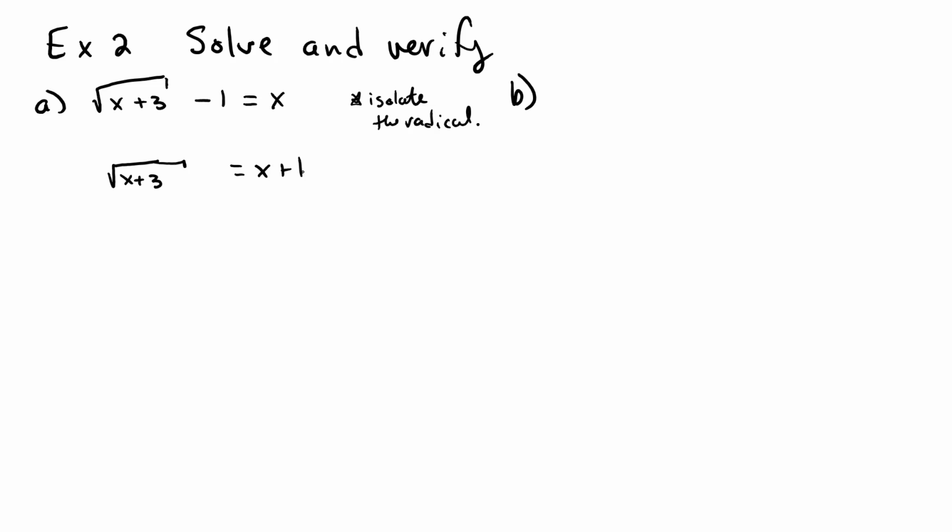Here's the part that we kind of practiced in the beginning when we expanded our perfect squares. So I want to square this. We've done this before, so you know how to square that. That just becomes x plus 3. But when I square this binomial, x plus 1, what I end up getting is a trinomial, x squared plus 2x plus 1.